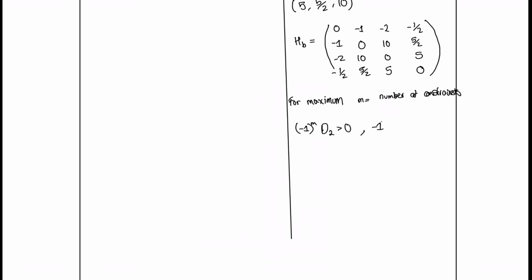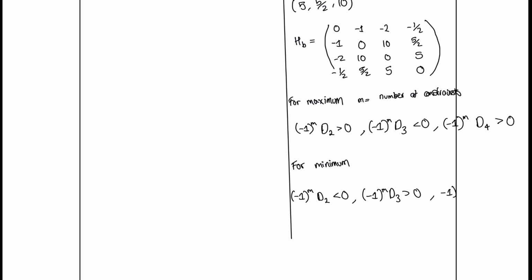Then minus 1 to the power of m multiplied by d3 should be less than 0. And then minus 1 to the power of m multiplied by d4 should be greater than 0. And then for a minimum, it is the same thing, but the inequalities have changed. So we have minus 1 to the power of m, d2 less than 0. As you can see, it's the same thing, but the inequalities have just changed.